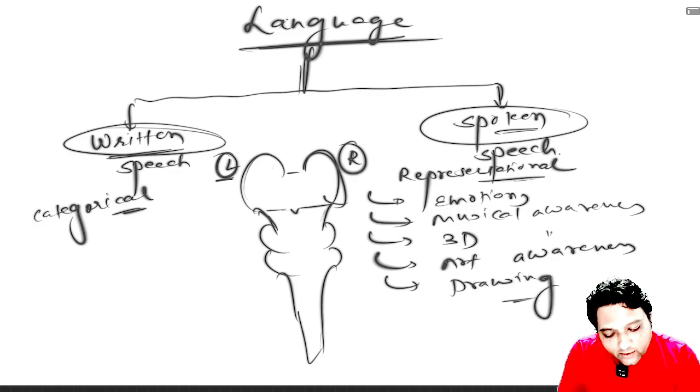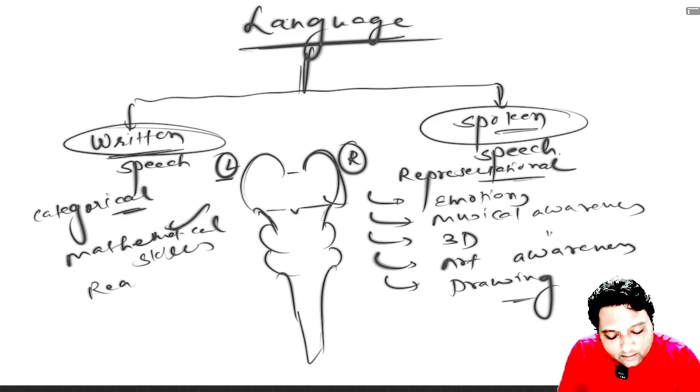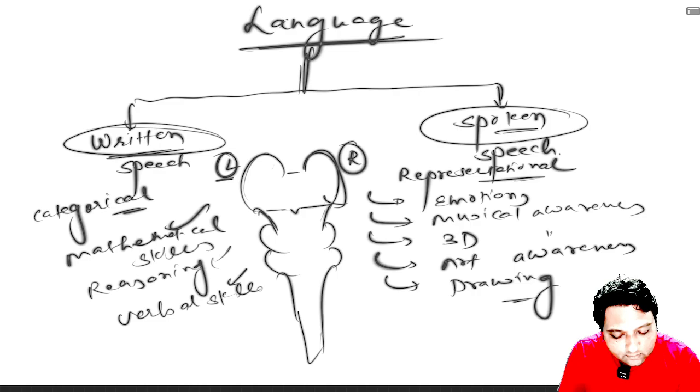And the left hemisphere is concerned with your mathematical skills, reasoning, verbal skill, and many others.